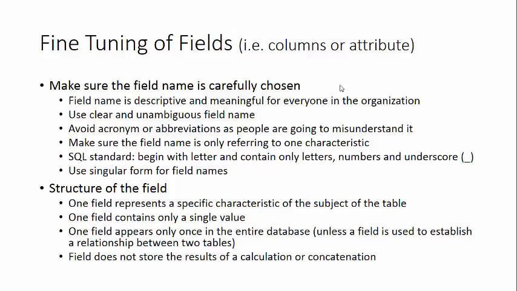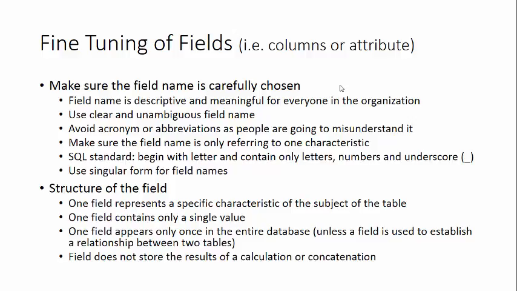That means a database is not like Excel. In Excel, you can put a formula to combine two or more columns, and once you change one field, the calculated field is going to be updated automatically. In a database, that is not the case.